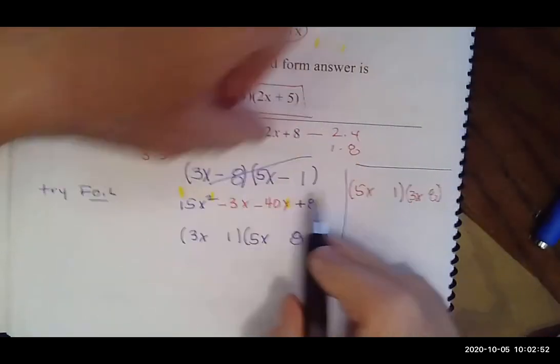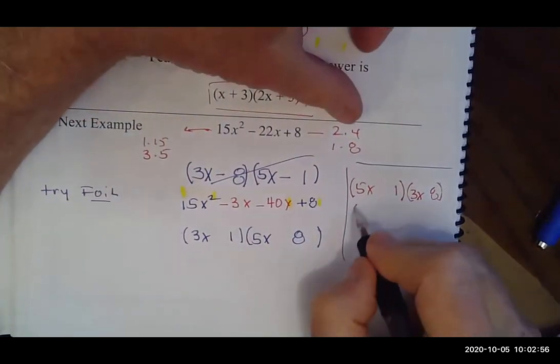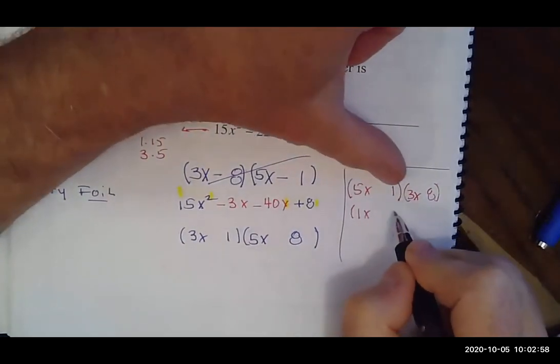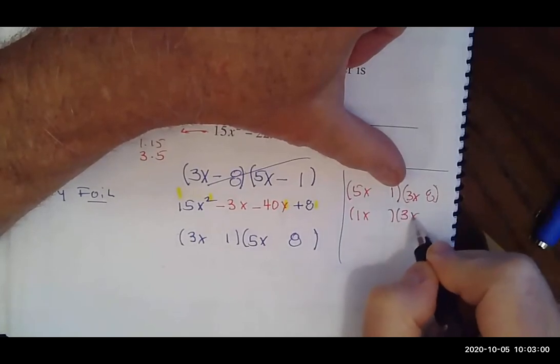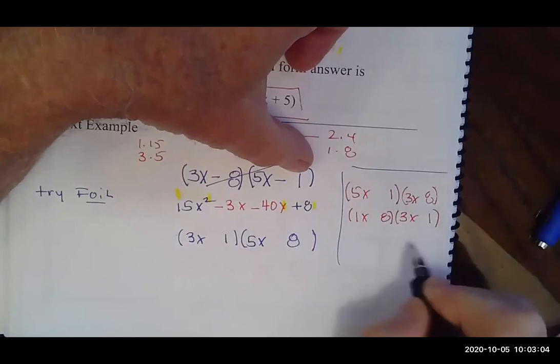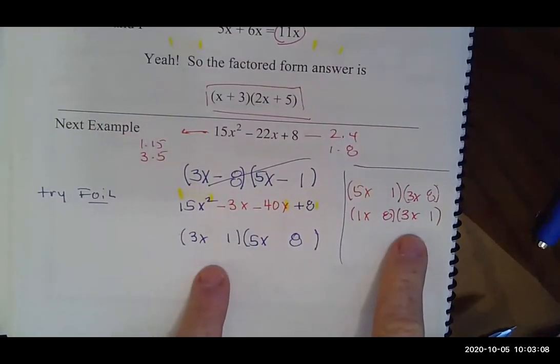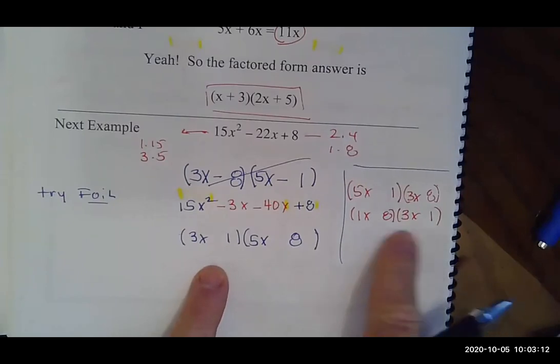Well, Jeff, could I just swap these and leave those alone? You actually could have. You could have 1x and then this is 3x like this, and then leave this as the 8 and leave this one as the 1, because that looks different. Well, that looks like the same thing as, oh, hold it. I did it wrong.